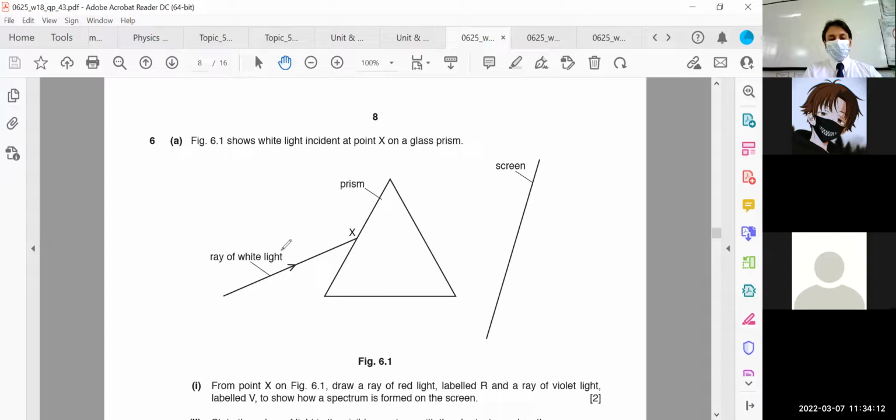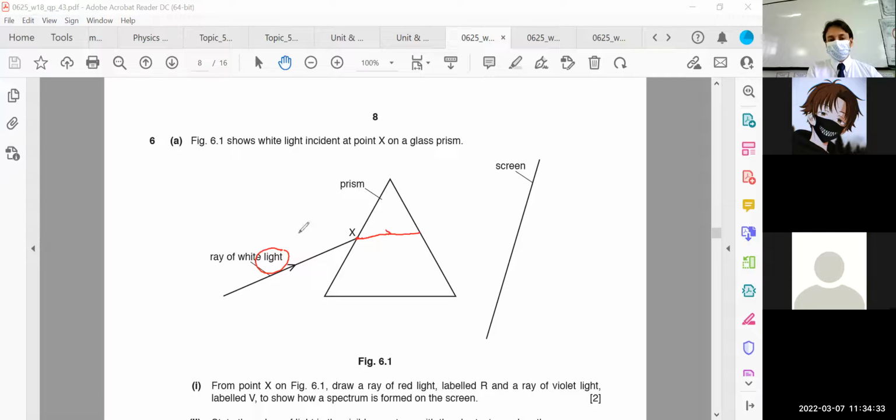This is white light incident at point X, and now at point X, what happens? Refraction will take place. The white light bends, and how will it bend? Sir, diffraction and refraction will take place. Yes. And then what happens here?